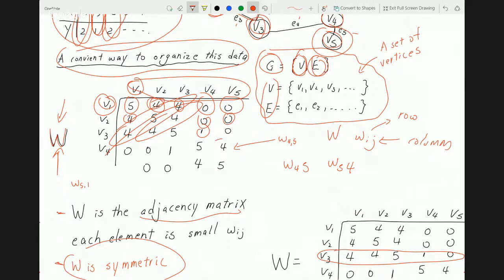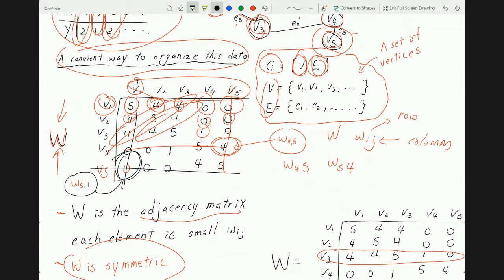So this one right here, for example, is W45 because it's 4 and 5. And this one right here is W51, because it's 5 and 1. That's what this notation means.